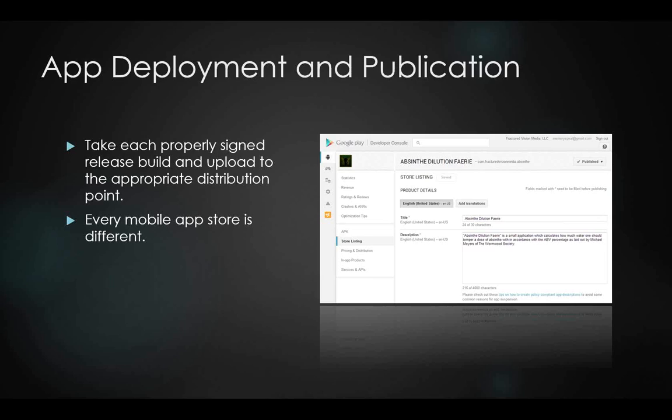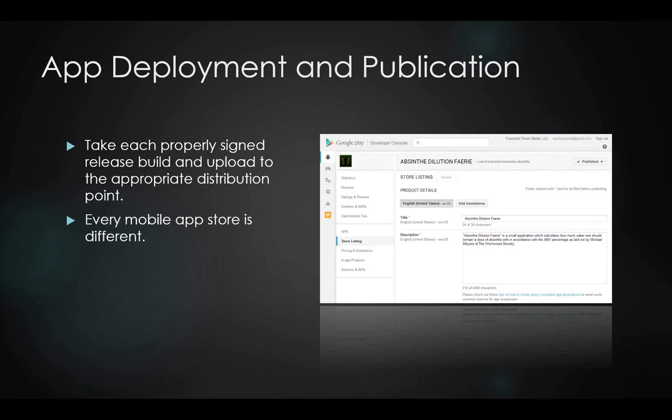About deployment and publication, this of course is going to depend upon the particular application store that you're going to be using, or maybe you're just distributing it over your internal network. There's a bunch of different ways to do this. The way most people do it is they go to a couple different app stores.